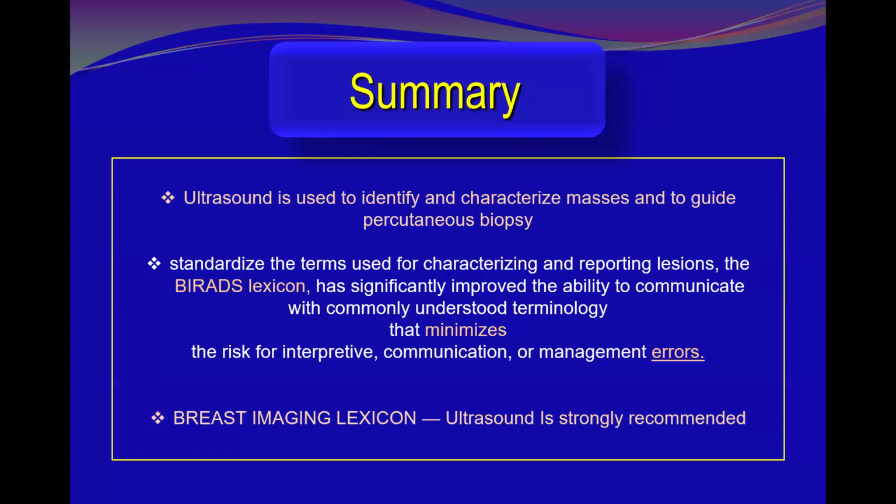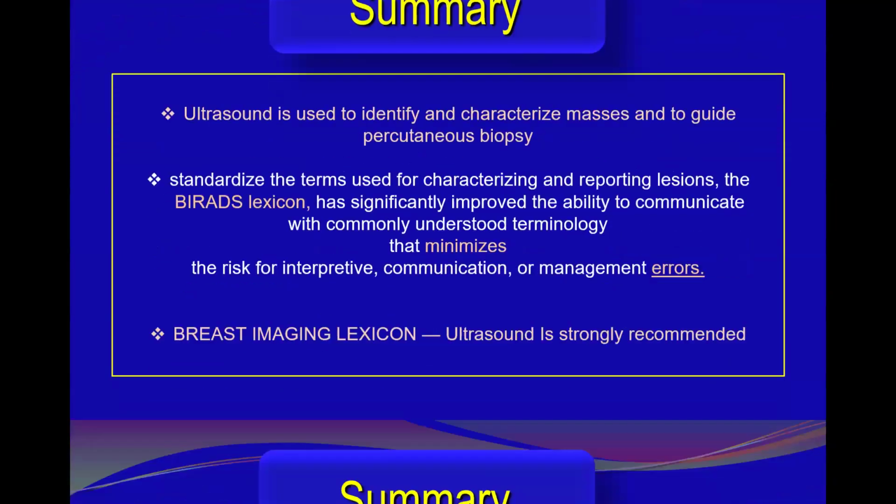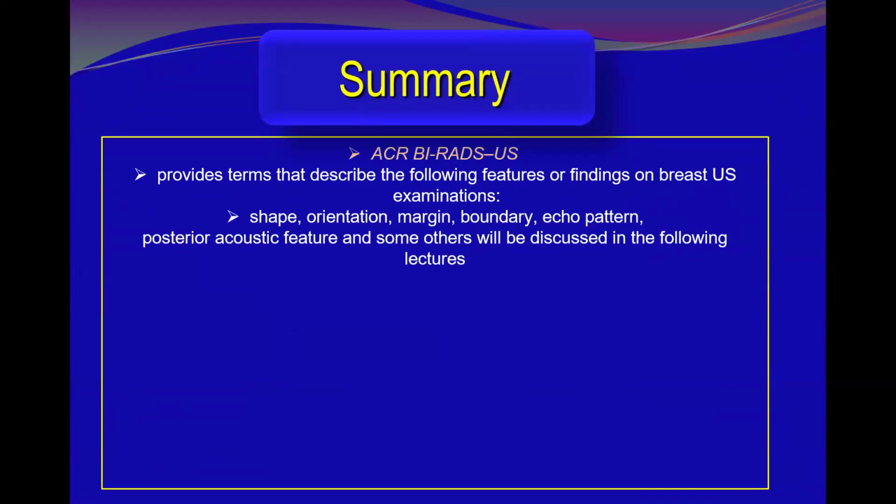So, the breast imaging lexicon for ultrasound is strongly recommended. ACR BI-RADS ultrasound provides terms that describe the following features on breast ultrasound examinations, which include shape, orientation, margins, boundary, echo pattern, posterior features, and some others we are going to discuss in the following lectures.